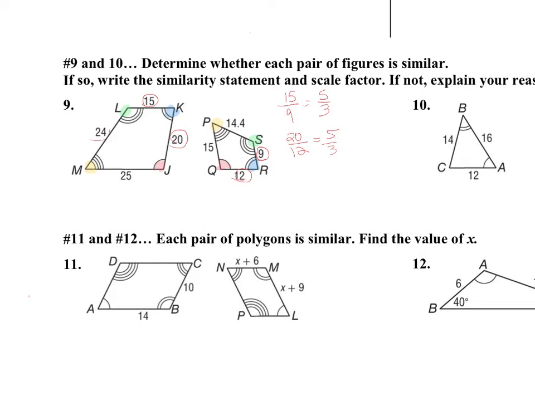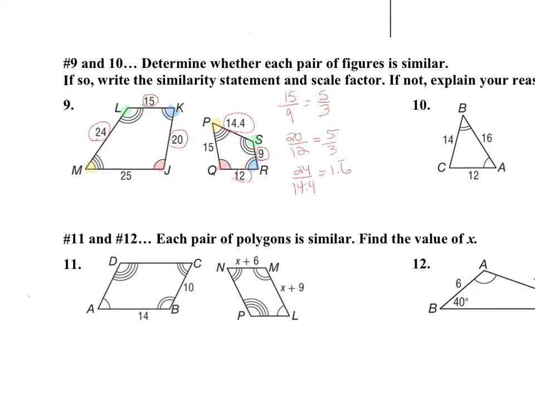If I look at this next one, it is 24 and 14.4. So I'm actually going to divide that out, and when I divide it out, I'm going to get 1.6 repeating.